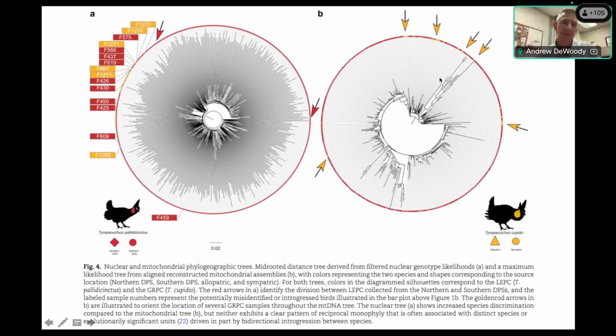Again, we've zoomed in, gone through this in detail. And the point is, there's really no groupings of distinct species or ESUs, or to use Fish and Wildlife Service language, the distinct population segments are not nearly as clear when we're talking about both these species at once.